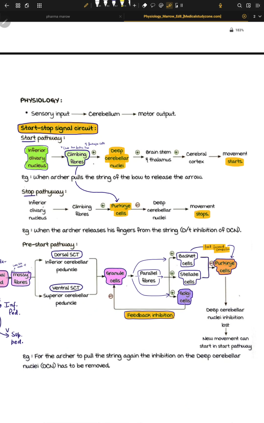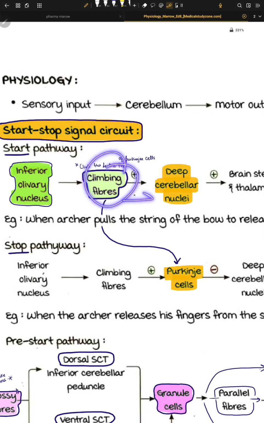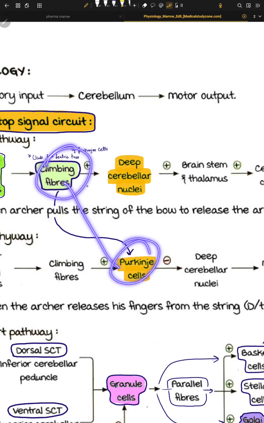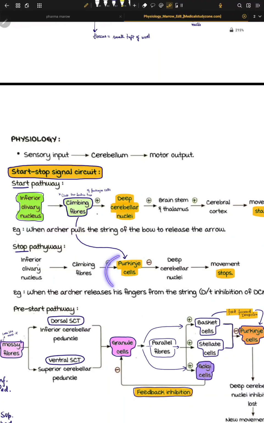So basically what happens is that the climbing fibers can either go directly to the deep cerebellar nuclei to promote movement, or they can go to Purkinje cells to inhibit movement. If these climbing fibers go to Purkinje cells, they will stop the movement. If they activate the deep cerebellar nuclei, they will promote the movement.